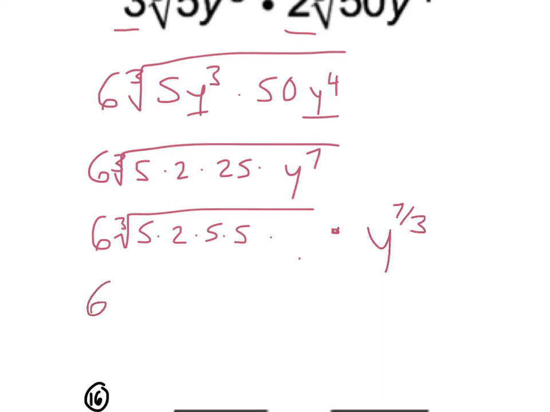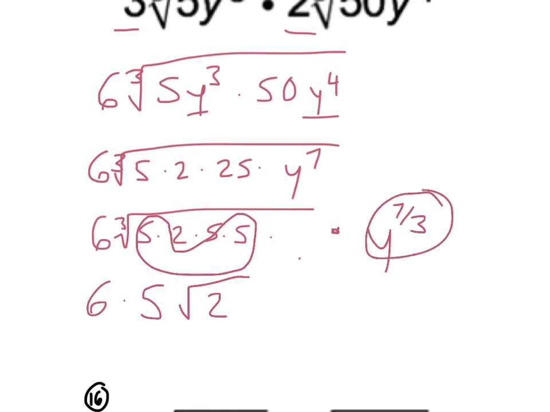So we have a 6 on the outside. We're going to circle all groups of 3. So we have 5 3's that I'm going to circle. So 5 comes out on the outside, and a 2 is left on the inside. So now with the y's, 3 goes into 7 2 times. So we have y squared that comes out, and on the inside, we're just left with 1 y.